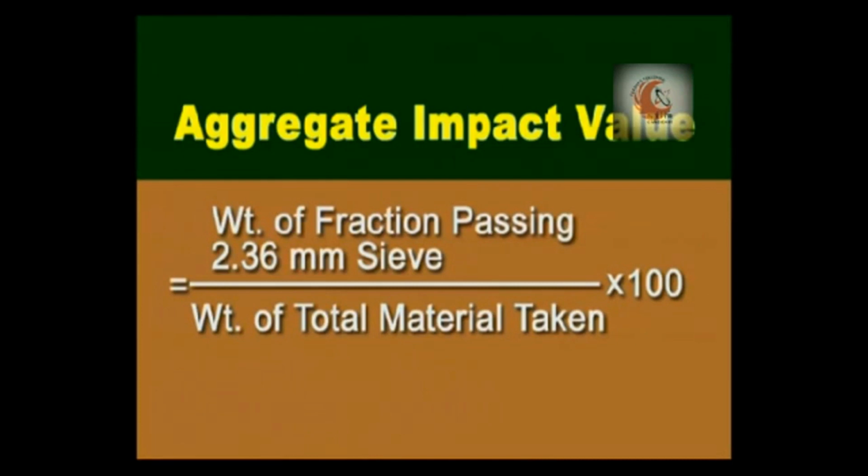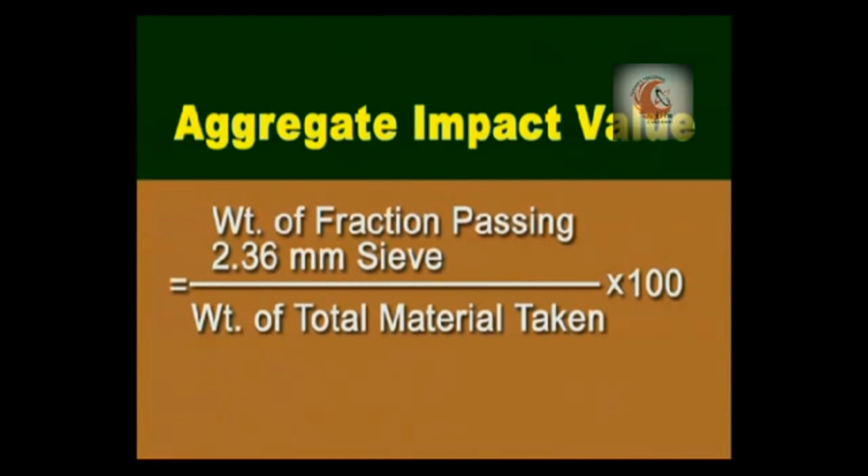Now this percentage should be lesser than 45. Only then are the aggregates suitable for use in concrete. So aggregate impact value should be lesser than 45% to be used in concrete and lesser than 30% to be used as the wearing surface.